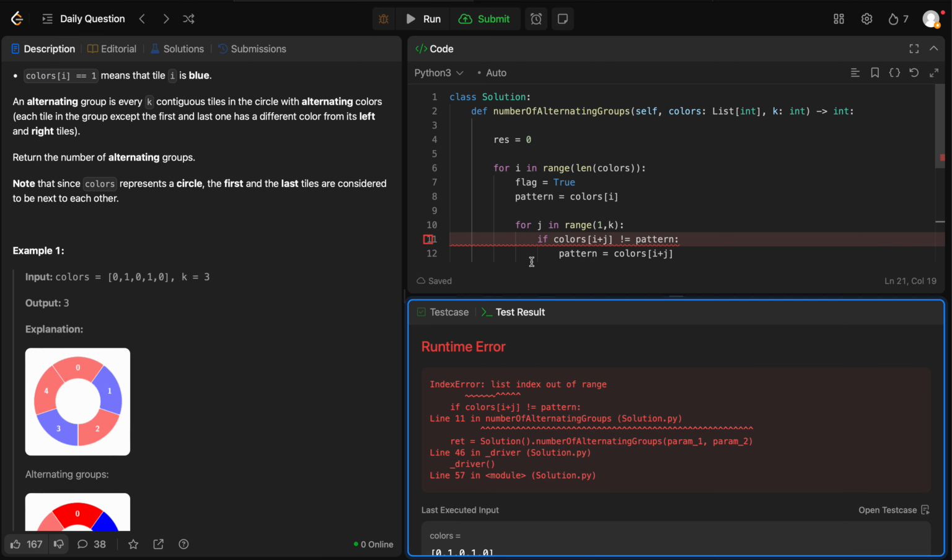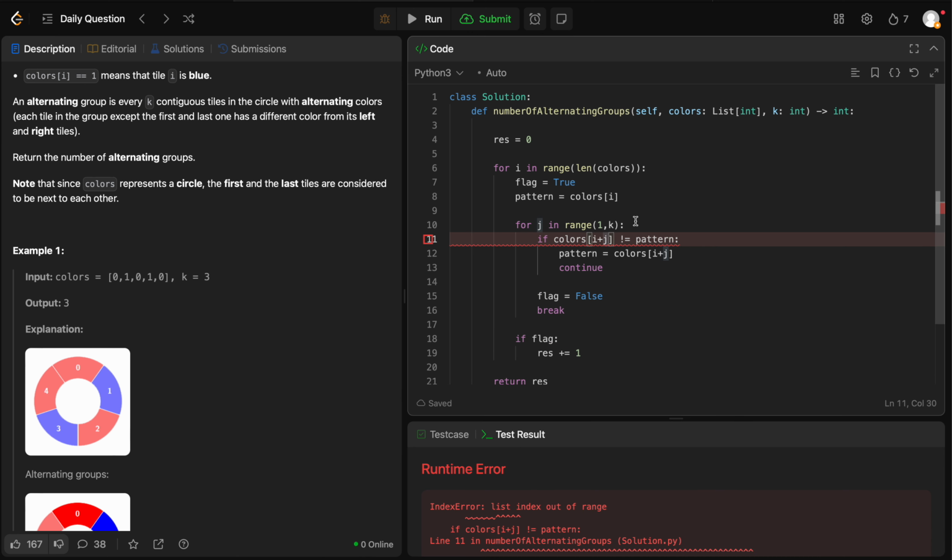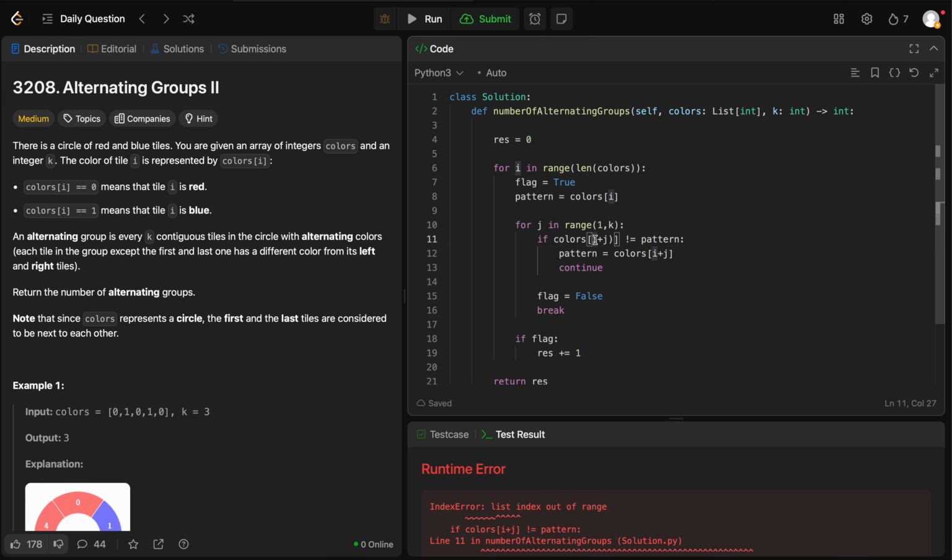Okay, I know I messed something up. So colors of i, and this has to be modulo. That's the only thing. So mod of colors. Let's have n here, n is equal to len of colors. Colors of i mod n.